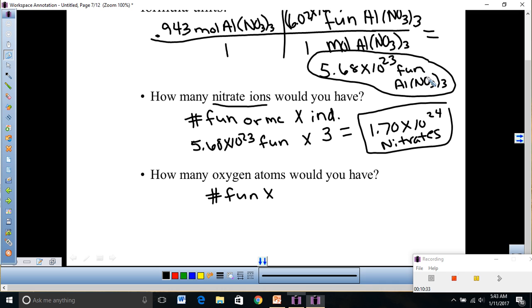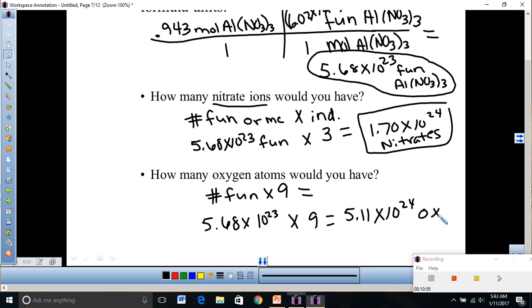Well, in a formula, there are 9, because 3 times 3 is 9 oxygen atoms. So I'm going to multiply by 9. So I'm going to take that 5.68 times 10 to the 23rd and multiply by 9 to figure out how many oxygen atoms. And there are 5.11 times 10 to the 24th oxygen atoms.